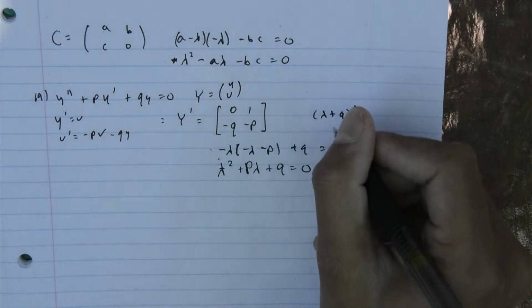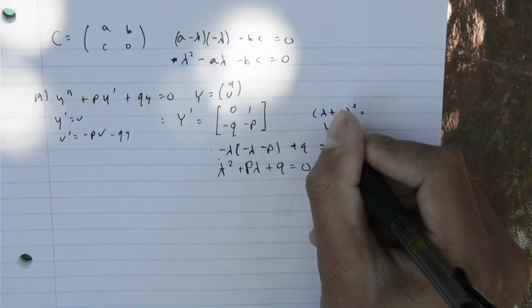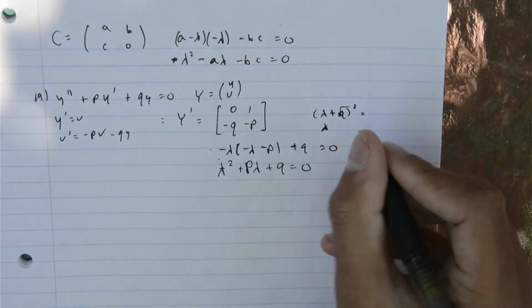So let's just say p is 2 times the square root of q.